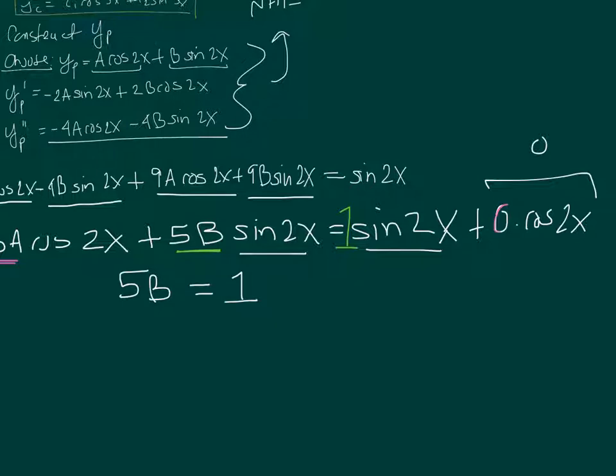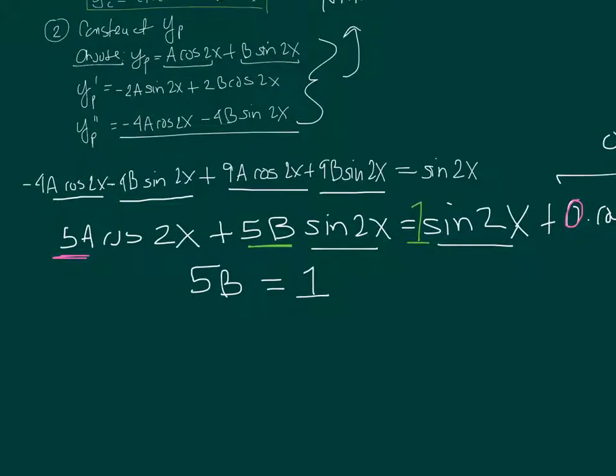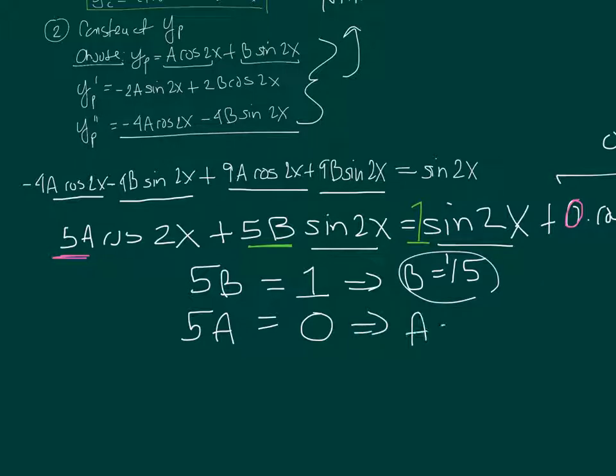So 5a equals 0. And this is nice because b is 1/5, and then a is 0.